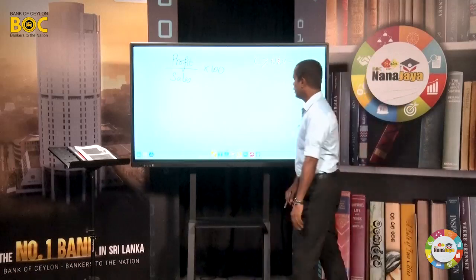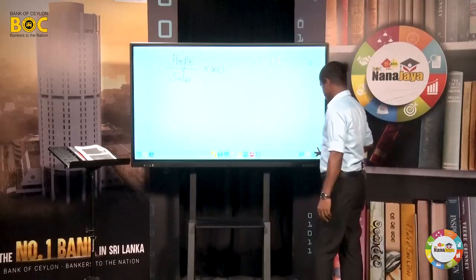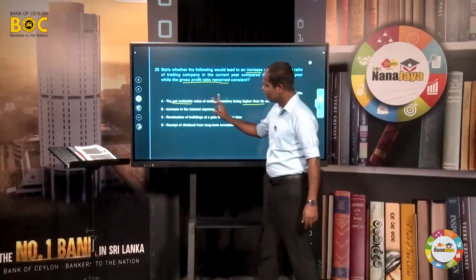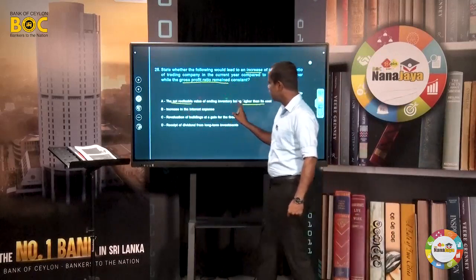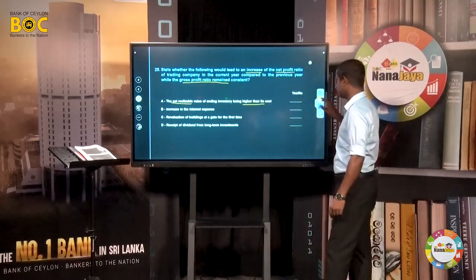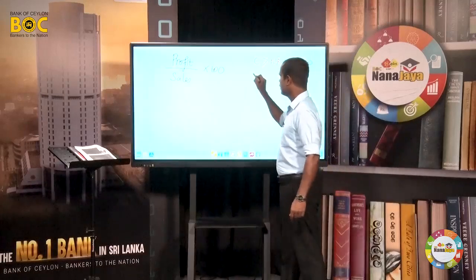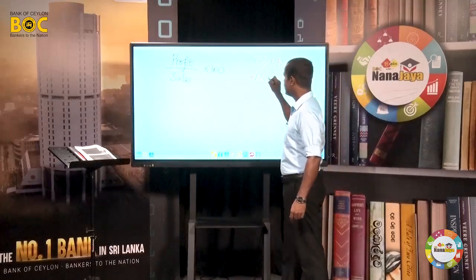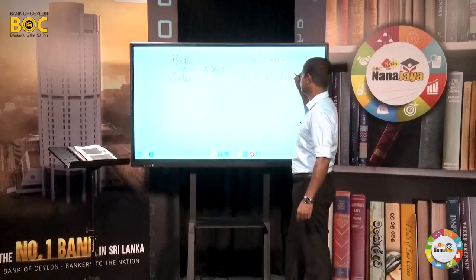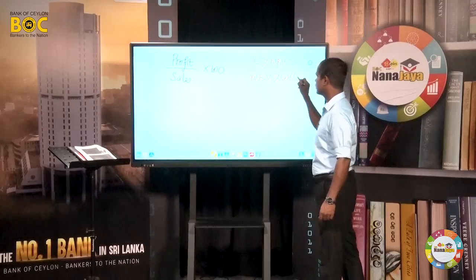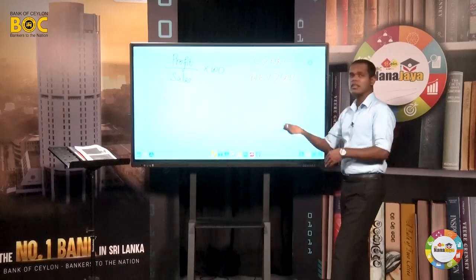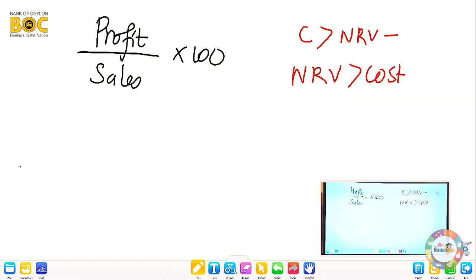And our question: net realizable value is higher than the cost. NRV higher means you have an inventory gain. Inventory gain we don't recognize. Then there is no impact for these factors.